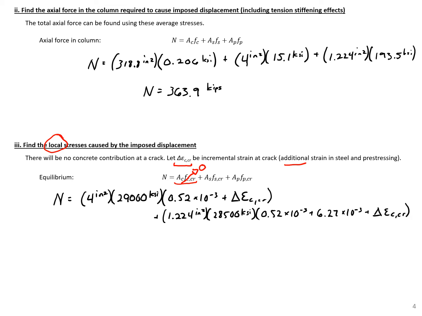So solving this for the incremental strain, we'll set this equal to our axial load at this point, 363.9 kips.